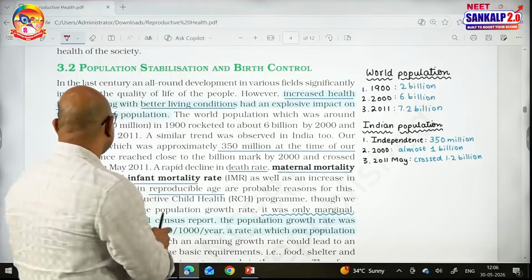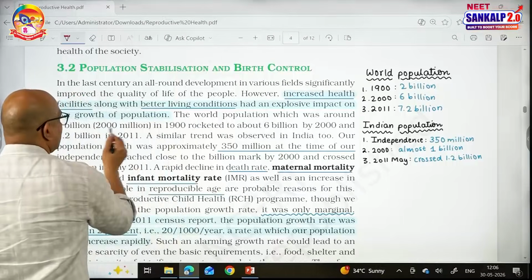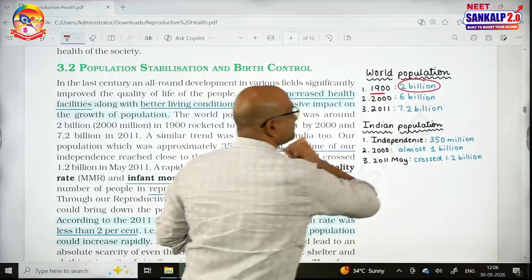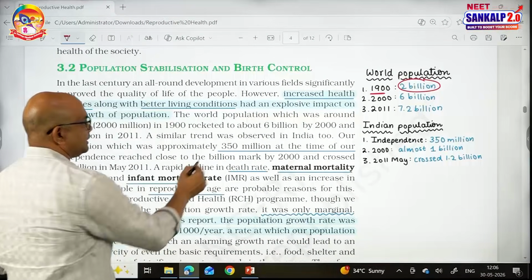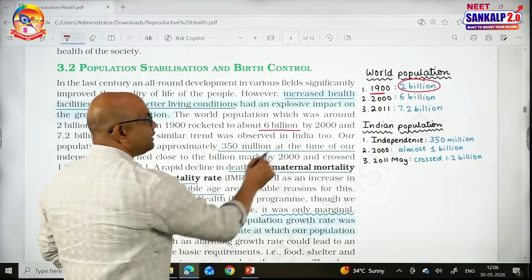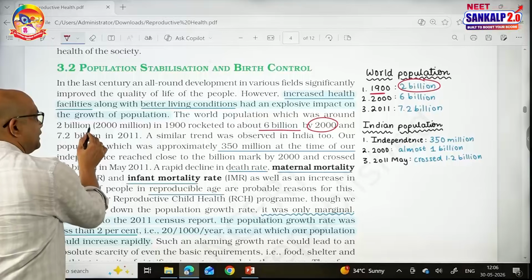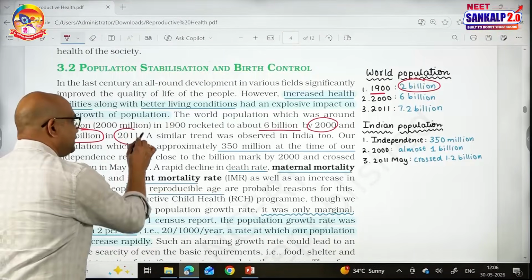See, the world population in 1900s was around 2 billion. Next, it increased to 6 billion by 2000 and reached 7.2 billion in 2011.